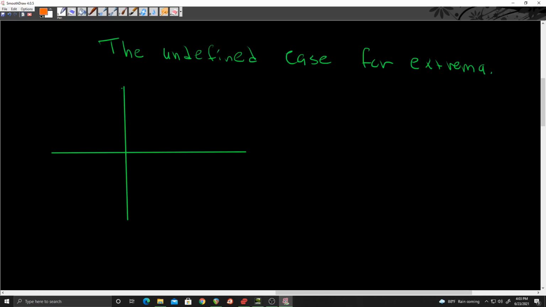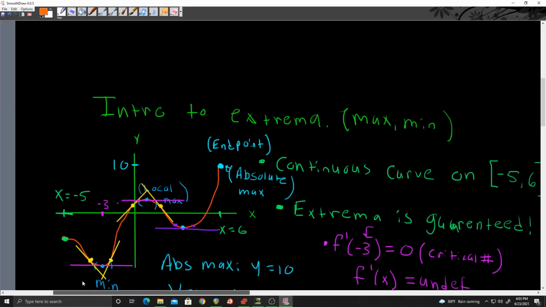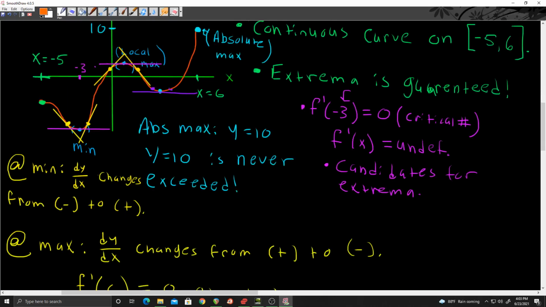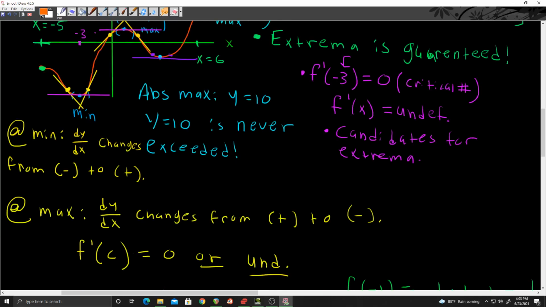Little tiny review. Remember, for a minimum, we need the derivative to be 0 or undefined. And we need the sign of the slope to change from negative to positive. For a maximum, we need the derivative to change from positive to negative.